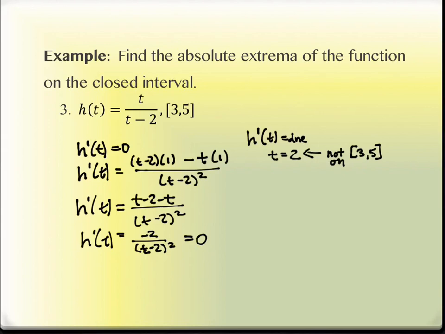It's not. It's never 0. A fraction can only be 0 if the numerator is 0. Can this numerator ever be 0? No, because there's no variable left in it, right? This numerator is negative 2. It's constant. So this does not equal 0. What does it mean? Well, it means that there's no critical points.